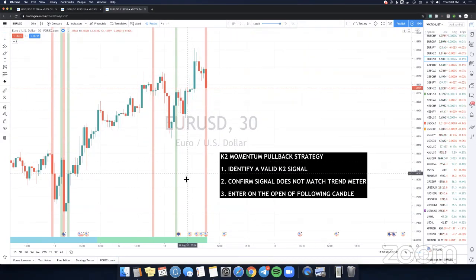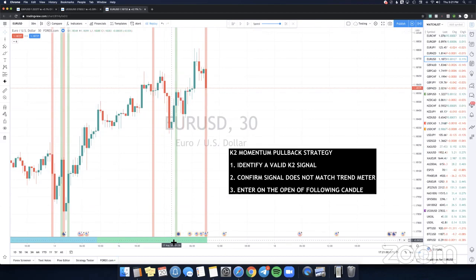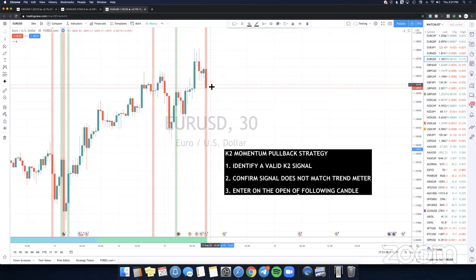Previously, we wanted to make sure that the trend meter and the momentum were in the same direction. The valid K2 signal was going up, and the trend meter was going up. In this situation, the trend is still going up, so we want to take only buy entries. However, we're waiting for a pullback. To identify this pullback, we want a valid K2 signal that doesn't match the trend meter.